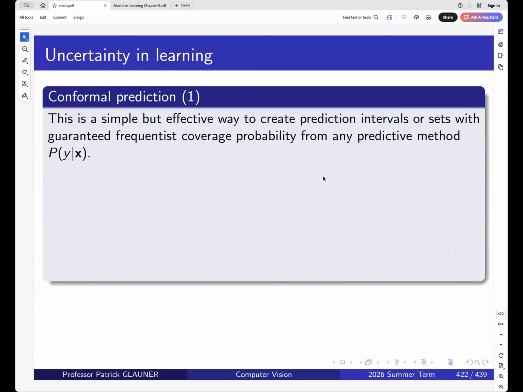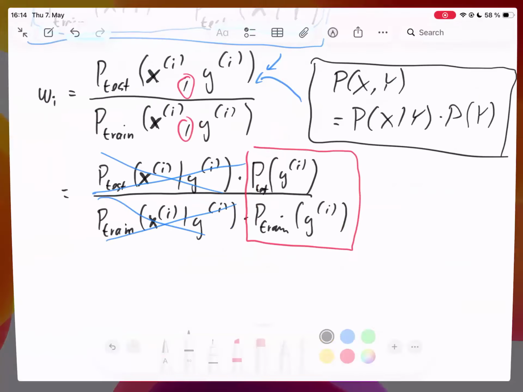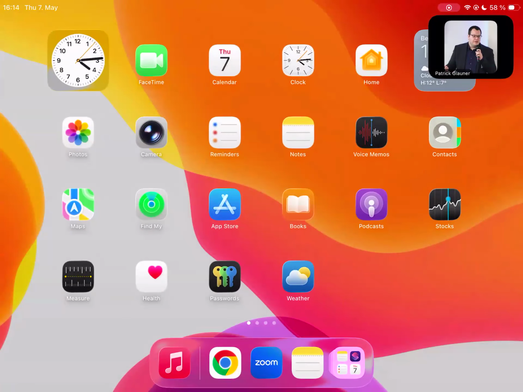Conformal prediction is, first of all, a highly generic approach, and it can help us to quantify our certainty or uncertainty, whichever way you see this, when we do classification and regression. And for that, I will also switch to my iPad and I'll show you briefly what the methodology of conformal prediction is. And then we'll see why this has become so popular in recent years.